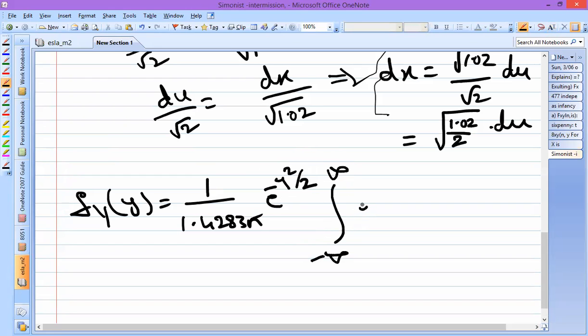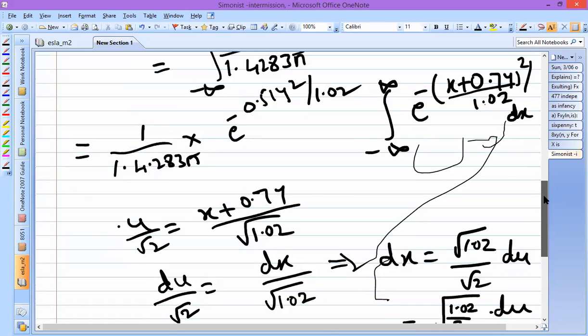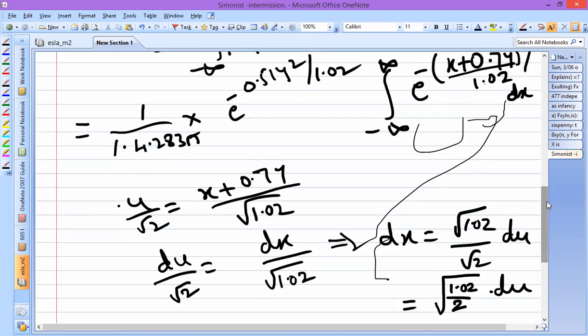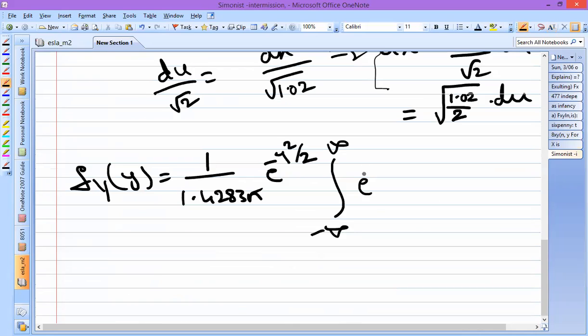In this exponential, as you can observe, we have exponential minus of x plus 0.7y whole square by 1.02, and we have taken only this much as u by root 2. When you replace this term, the exponential term can be written as minus u square by 2, and the dx is replaced as du into root of 1.02 by 2.